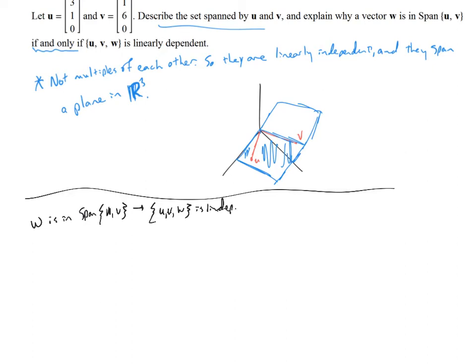And then we'll have to flip that around: we have to show that u, v, w linearly dependent means that w is in the span. So we have 2 more steps here.